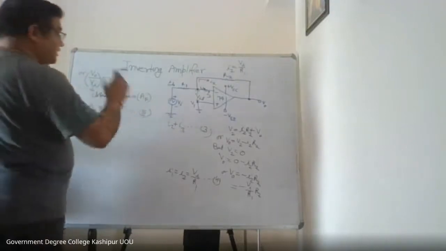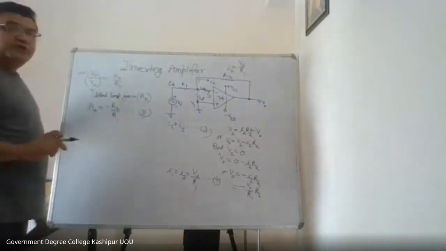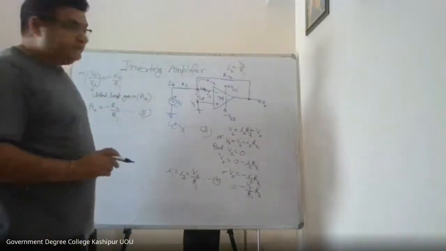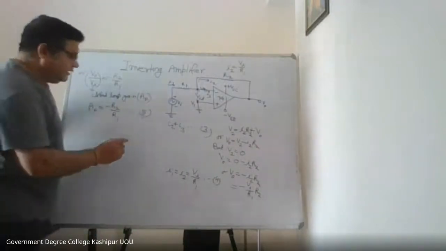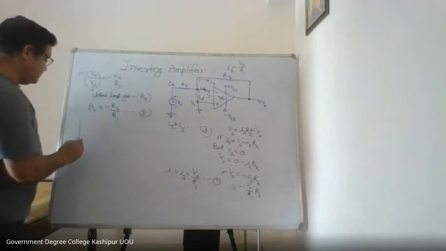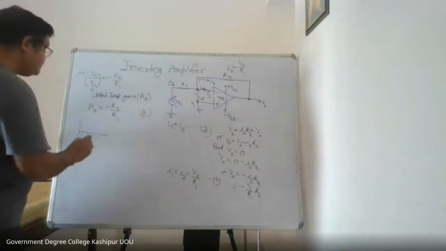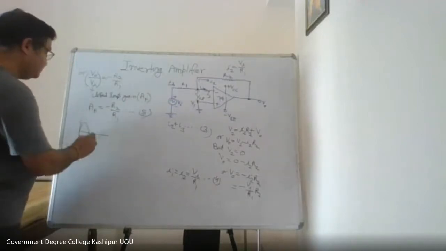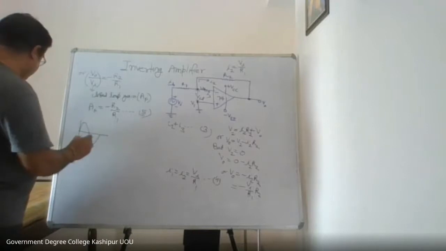Now, if we draw the curve for input signal and output signal, then what will be the shape? Suppose this is the input signal.